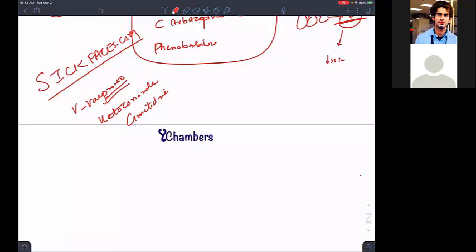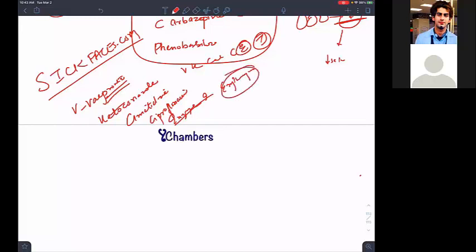You can use it also in peptic ulcer disease. Ciprofloxacin. What else was there? Erythromycin. Isoniazid, isn't it? So this is enzyme inhibition.